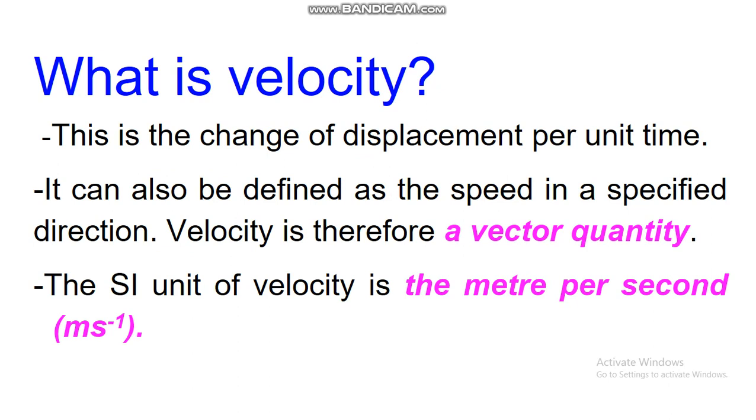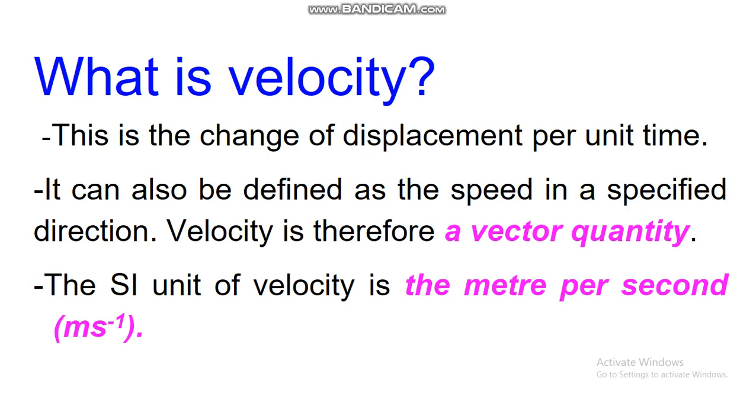Also, velocity is a vector quantity because it involves the element of displacement. The SI unit of velocity is the meter per second, the same as the SI unit of speed.